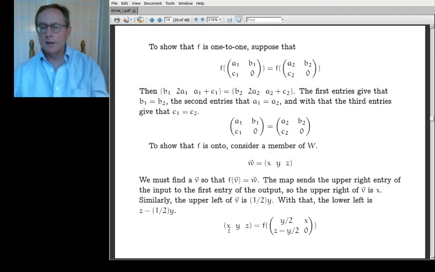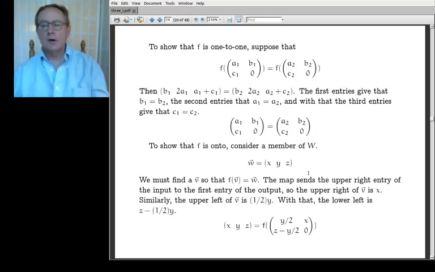I had a little trouble finding it. The entry that goes first is the upper right. That's what was called B in the previous slide. The entry that goes second, the middle entry, remember it said 2a? Well, so in order to get a y there, I need to start off with y over 2. And similarly, in order to get a z there, I'd have to start off with z minus y over 2 because you add those two together to get what goes in the third slot.